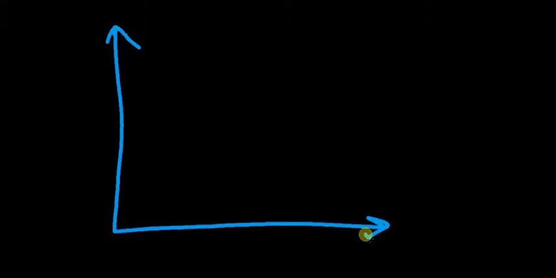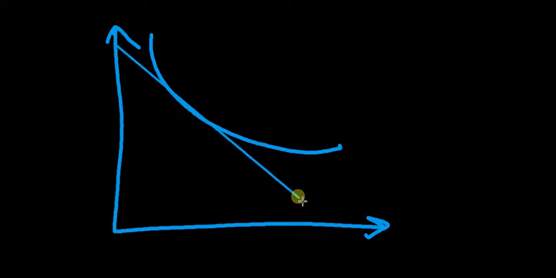What this says is, this is my isoquant curve that I have, and this is my isocost curve that I have.